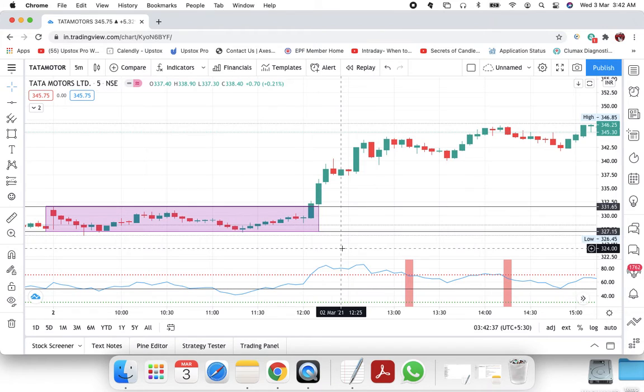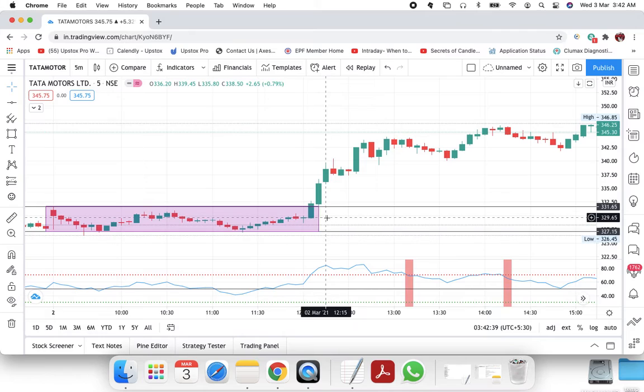So today Tata Motors broke the day's high, so it means that an uptrend is going to start. So this is the very right place, because the previous candle already broke the range and closed above the range.